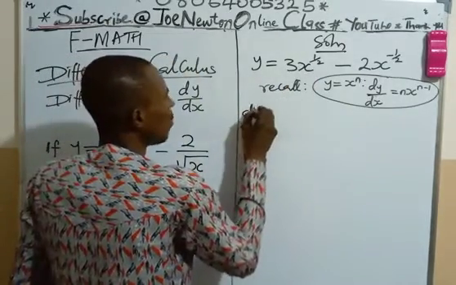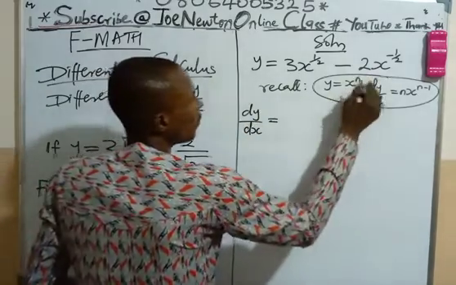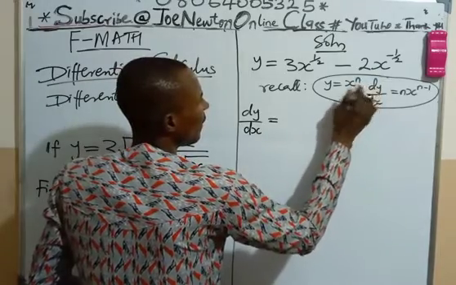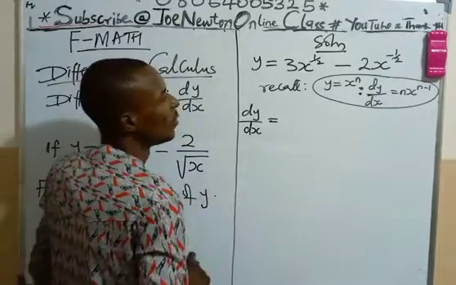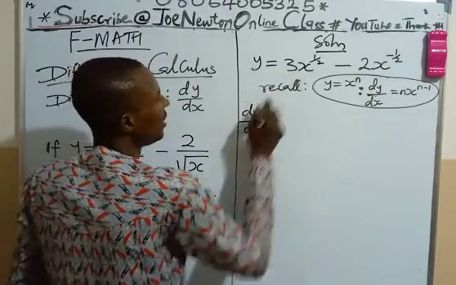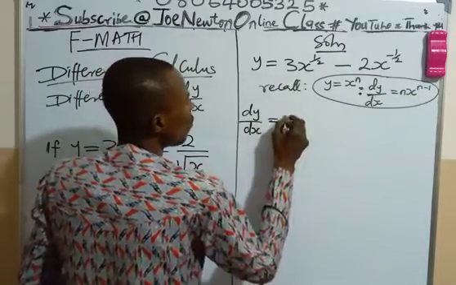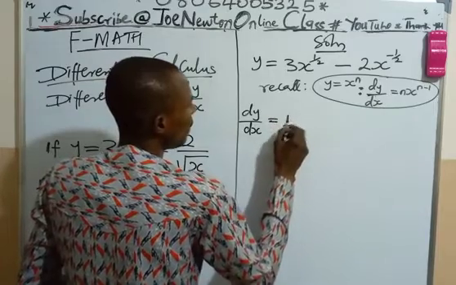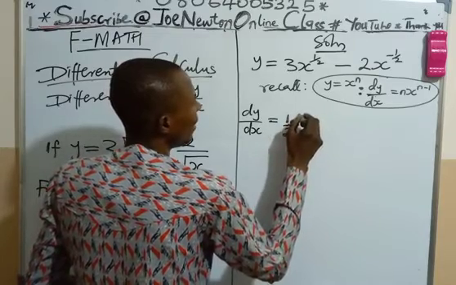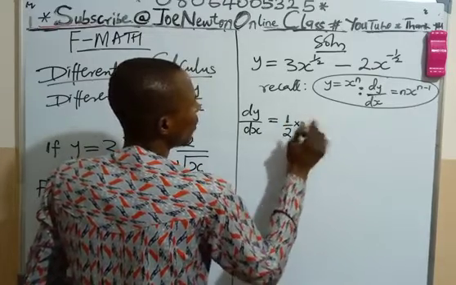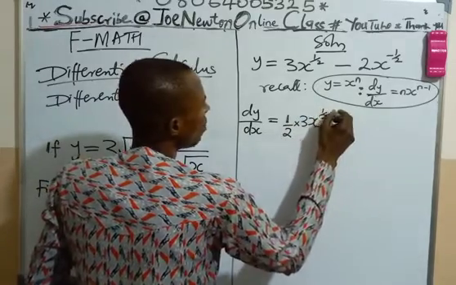We now have that dy/dx will be equal to, applying this rule, 1 over 2 times 3x raised to the power 1 over 2 minus 1.